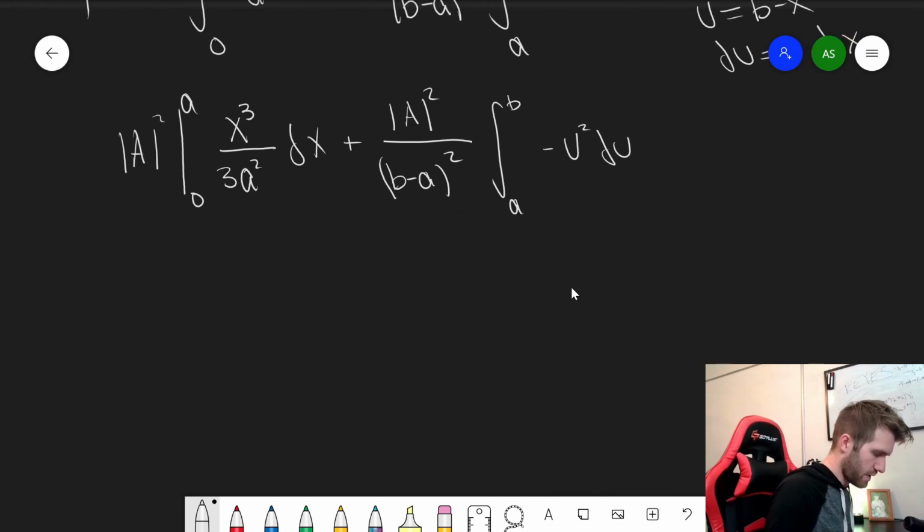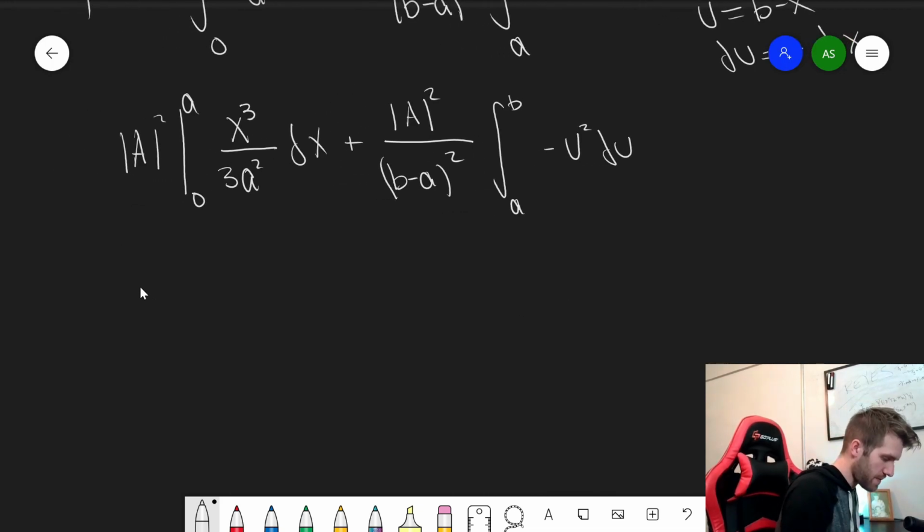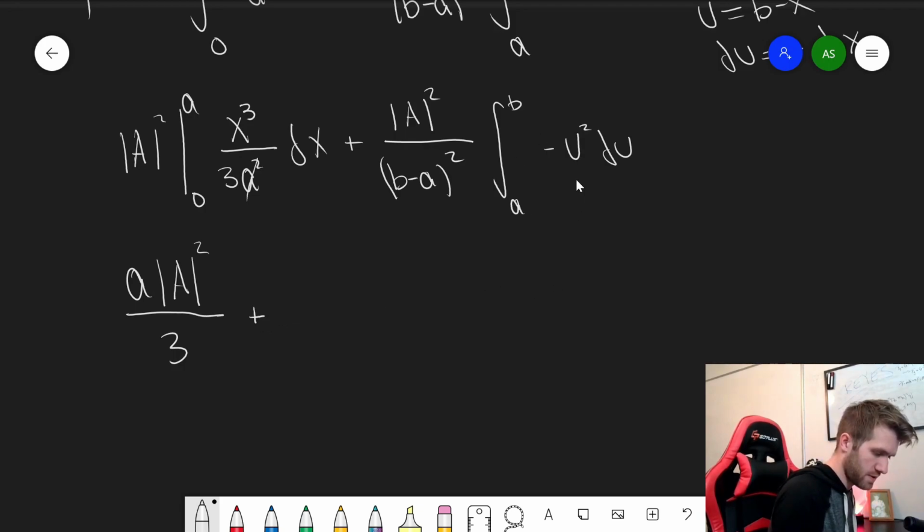So we can already solve for the first term here, and when we plug in our limits, this a squared term is going to cancel, and what we'll be left with is just a times capital A squared over 3. But now we have this term here. So this just becomes, from a to b, u cubed, but u is just b minus x, so we're going to have minus b minus x cubed over 3.